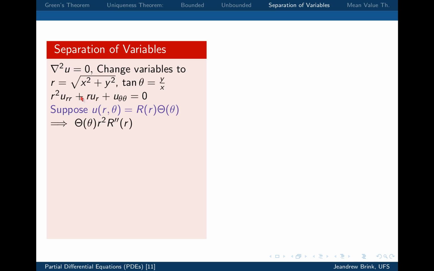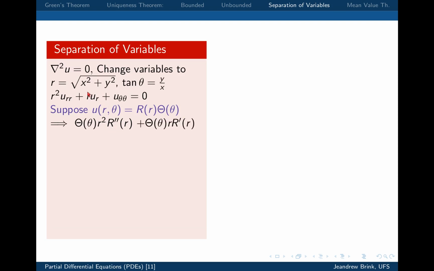Okay, so you can see this first term, r squared times u_rr, is simply the second derivative of r, because we factored u out. Times theta of phi times r squared.